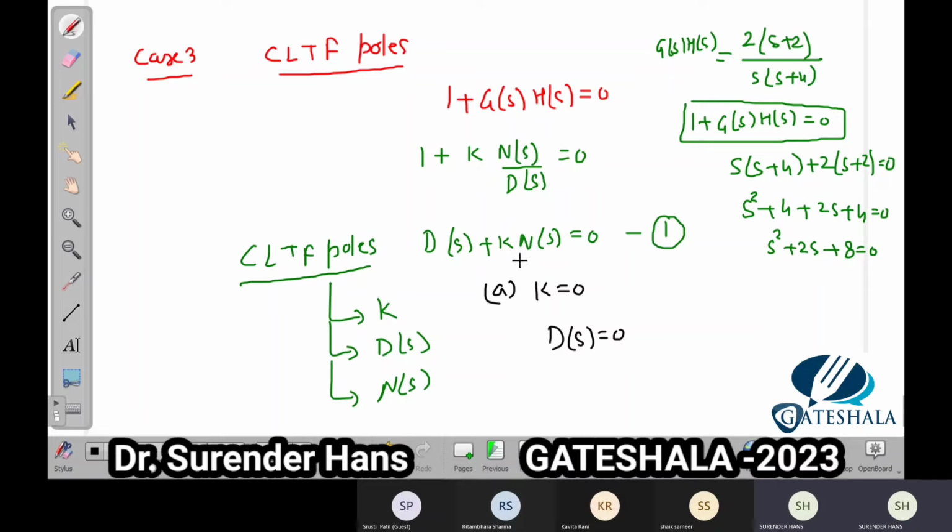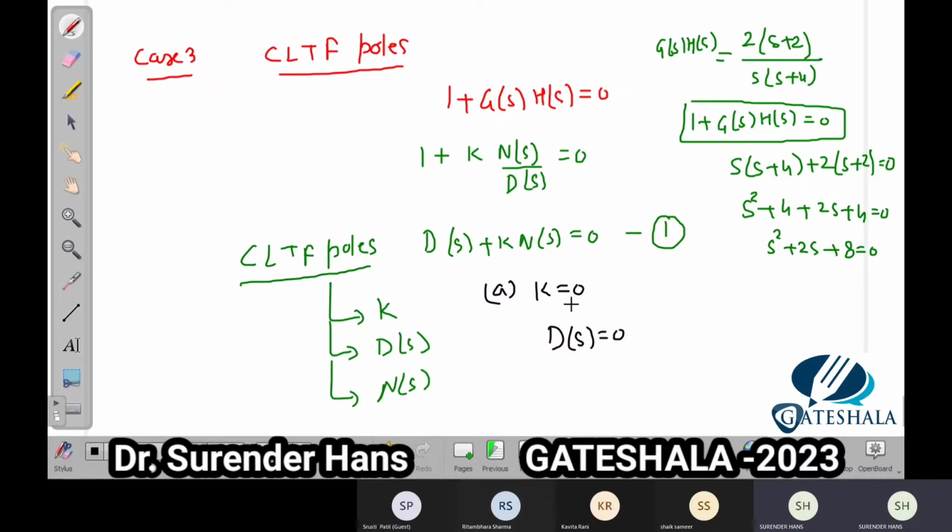Correct? If I put K is equal to 0, because my root locus starts from the open loop poles at K is equal to 0. That I already wrote in the second definition.